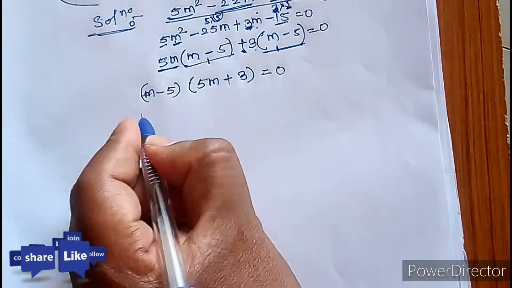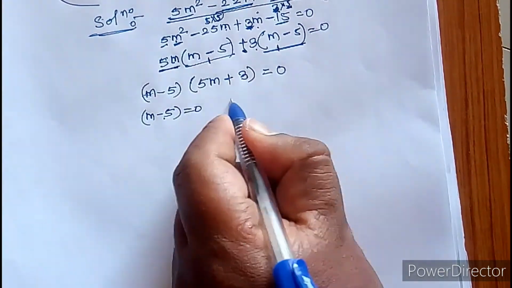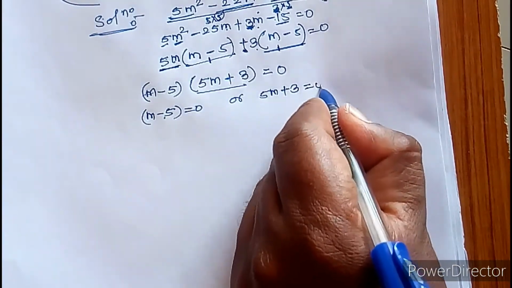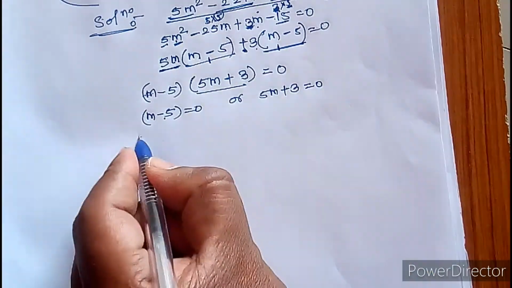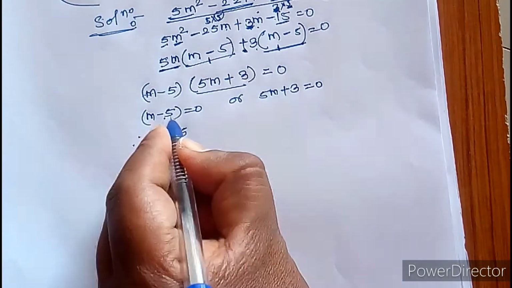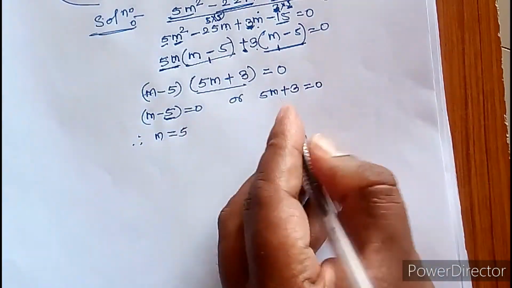It means that m minus 5 equals to 0, or 5m plus 3 equals to 0. Therefore m equals to 5 by changing this minus 5 to the right hand side.